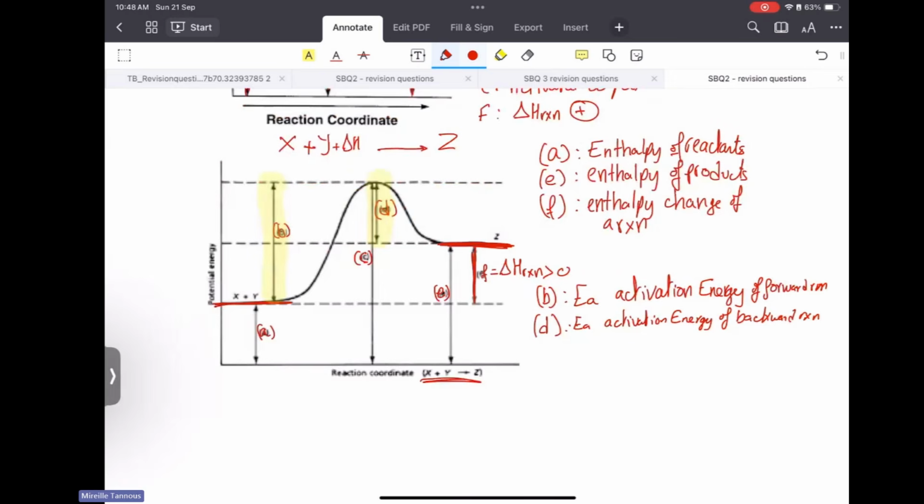That is D. I still have C. C is all the way down to the x-axis, so it's the activated complex. The activated complex is a transition state that allows reactants to pass to products.